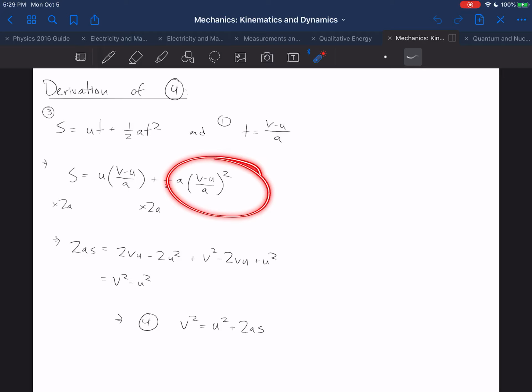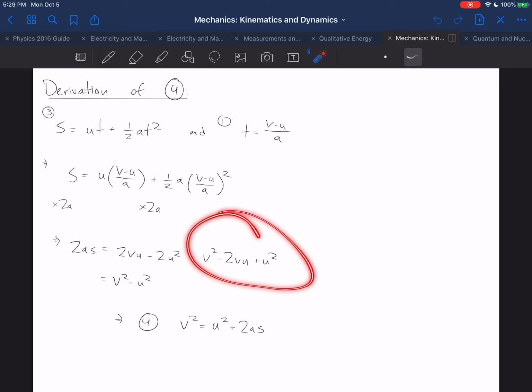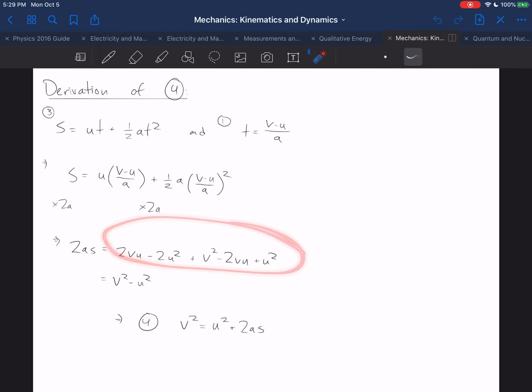And then we can expand (v minus u) squared. Remember that (v minus u) squared is not the same thing as v squared minus u squared. Your algebra teacher would have a fit. You need to distribute terms, use FOIL or whatever technique you've been taught, and remember that that middle term, minus 2 times v times u, is very important. Then you spread this all out and you realize I have quantities that cancel here.